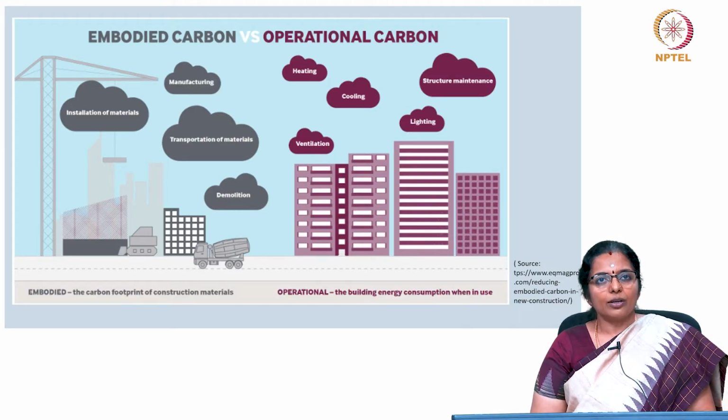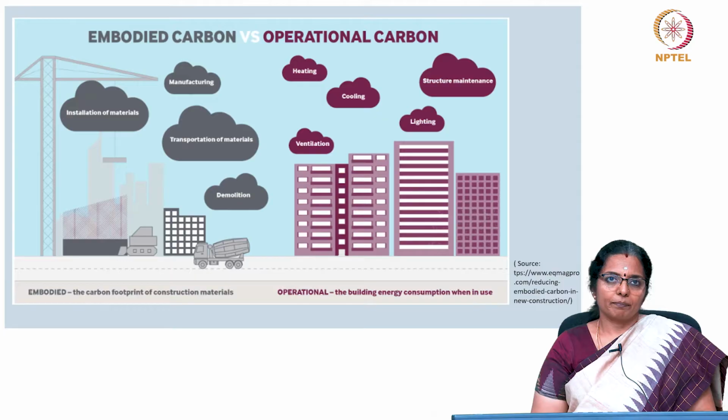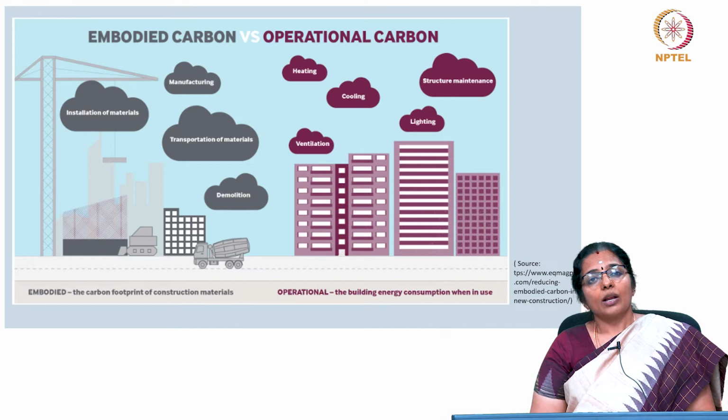Today we will continue with this topic, embodied carbon versus operational carbon, because last class we saw embodied carbon, operational carbon, what happens when it is demolished, and then reuse. Now we will see a small comparison between these two.